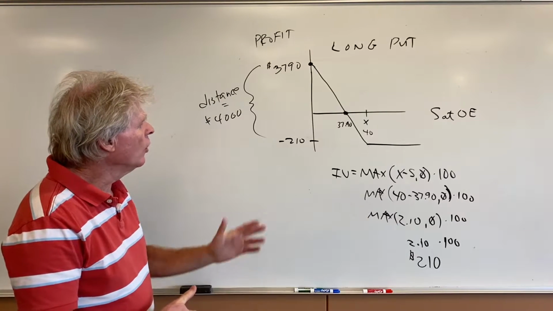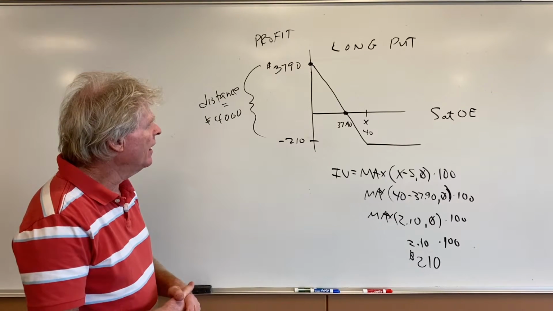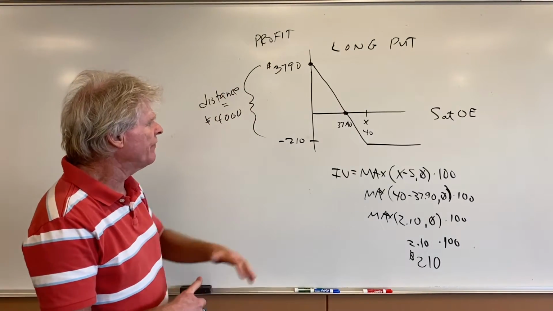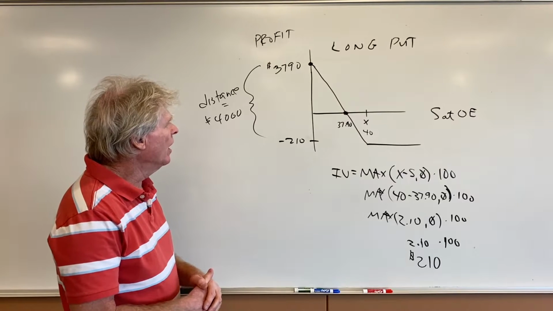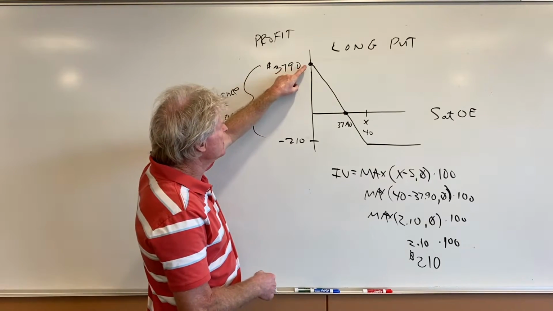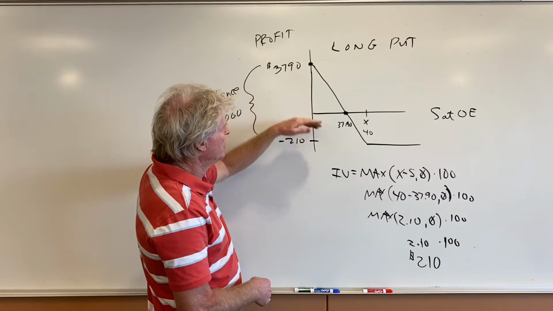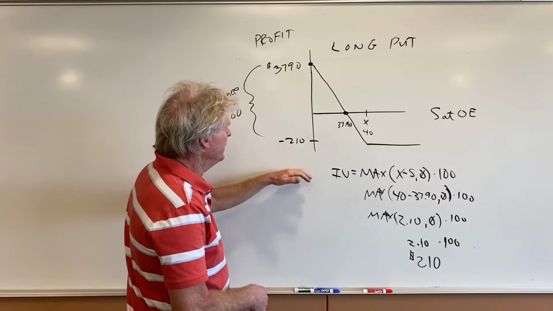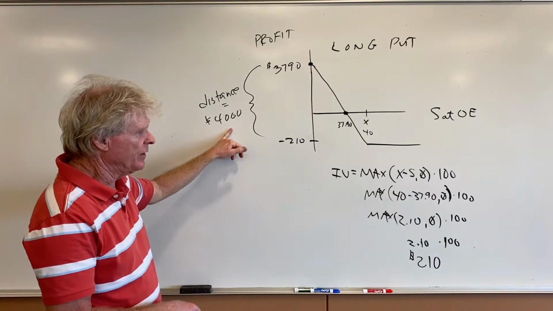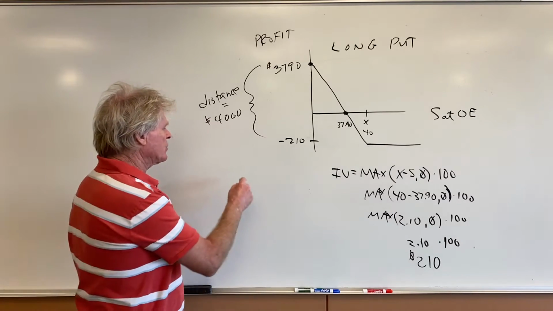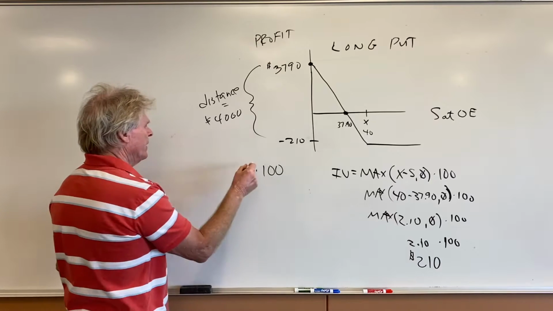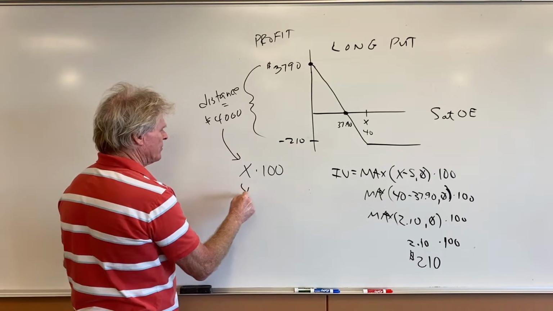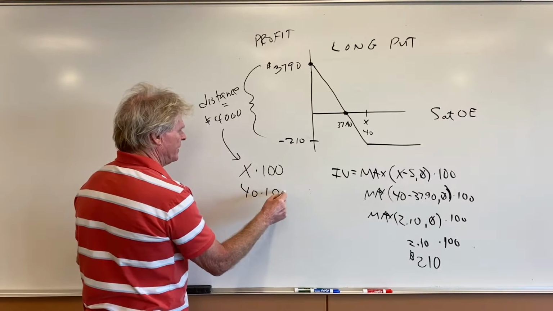So long puts have a maximum possible profit, also a maximum possible loss. We just know the distance between the best outcome and the worst outcome is, in this case, 4,000. Generally speaking, it's always going to be the strike price times 100. So here, this was the strike price times 100, 40 times 100.